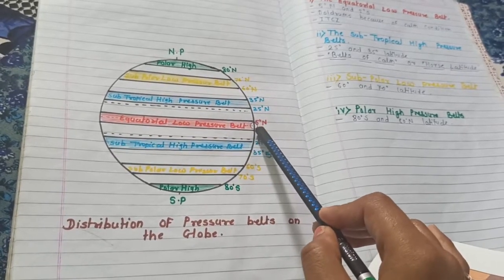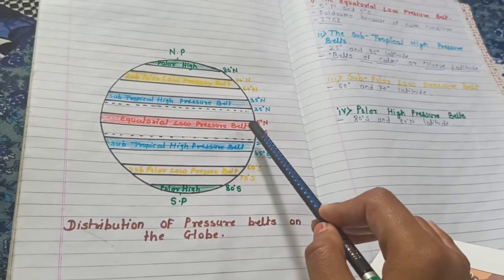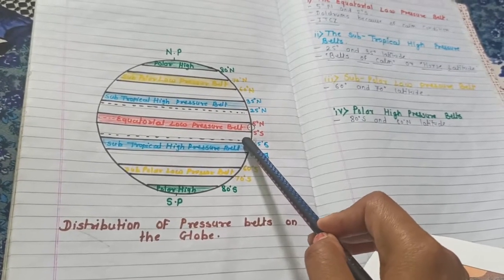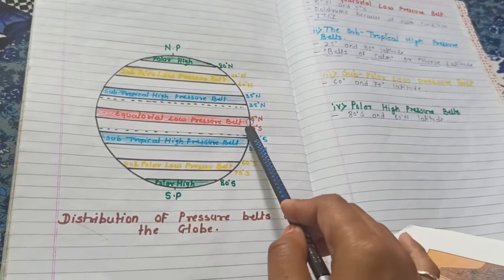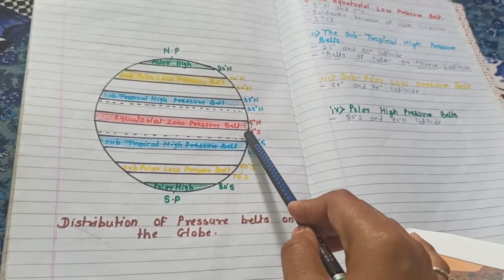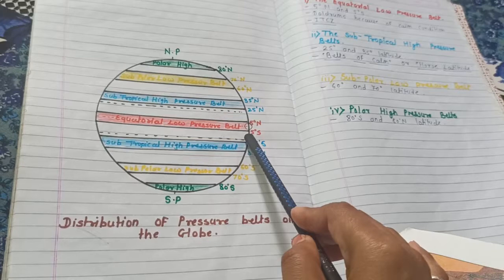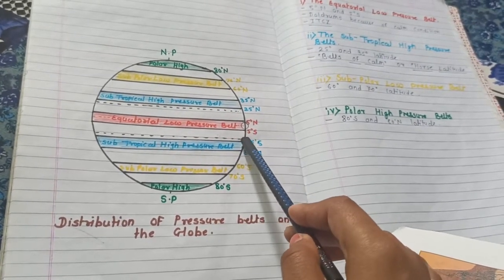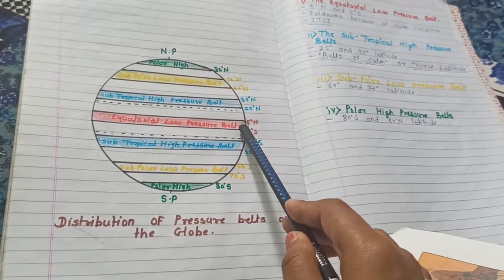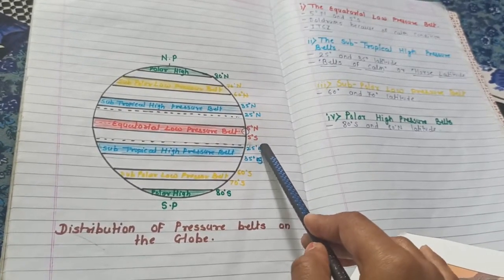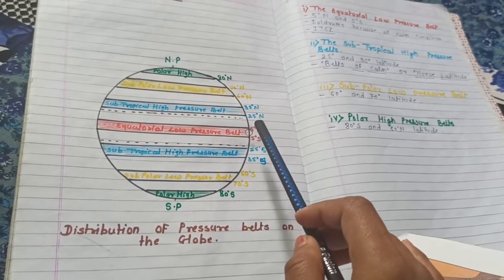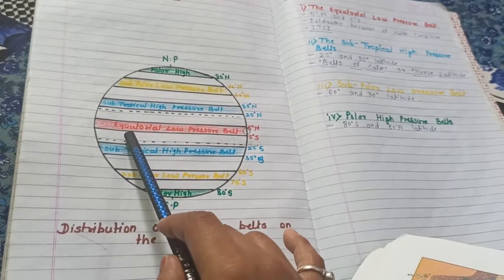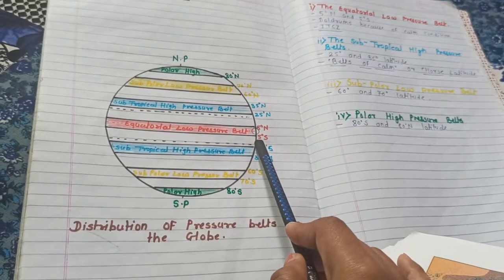As stated above, this belt receives maximum insolation, which creates a belt of low pressure centered on the equator. The easterlies approaching the equator from north and south cause surface convergence and uplift of air, which results in heavy convectional precipitation. This is the simple explanation of the equatorial low pressure belt.